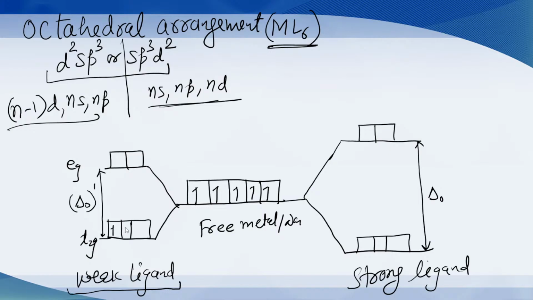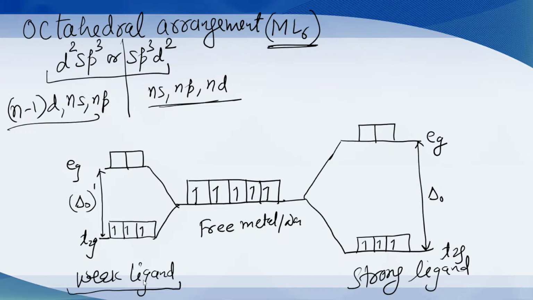So 3 electrons are arranged in these orbitals: one, two, three. Now 3 electrons are arranged in the lower orbitals only, because the ones with low energy are filled first. But now we are left with 2 electrons. So there is a choice: either they shift to Eg or they get paired in the T2g.